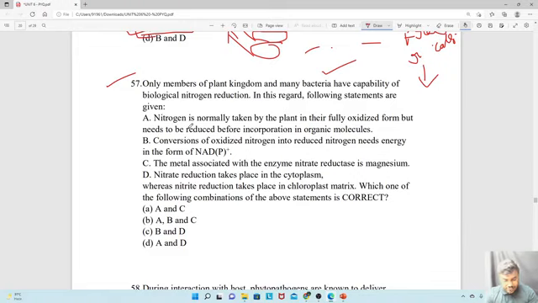They are asking for the correct statements, friends. Try to eliminate one option correctly. We read this, friends, more than 3 options we read.